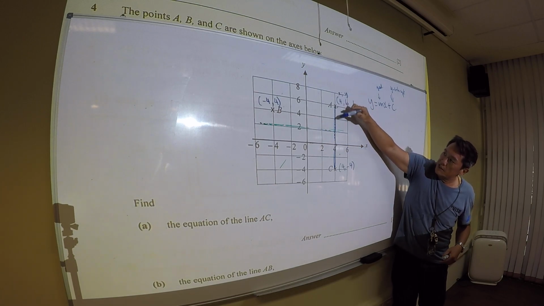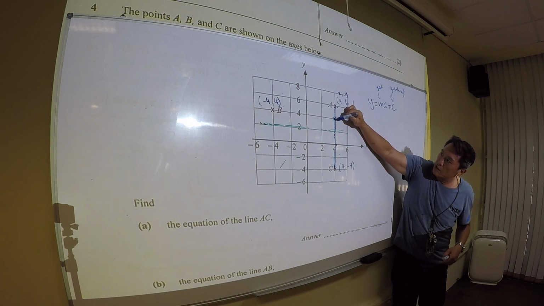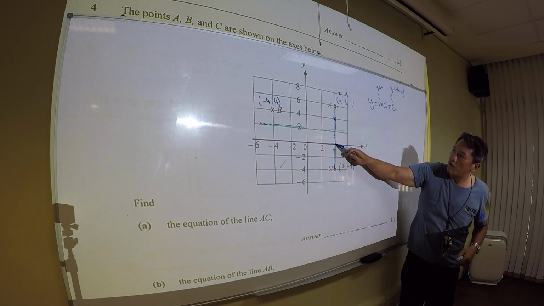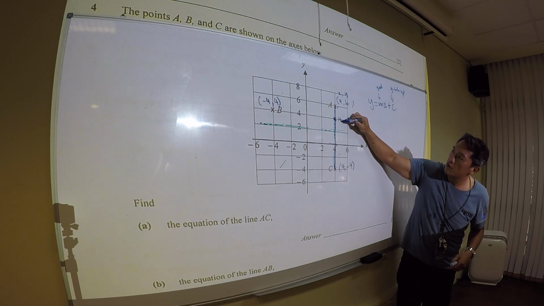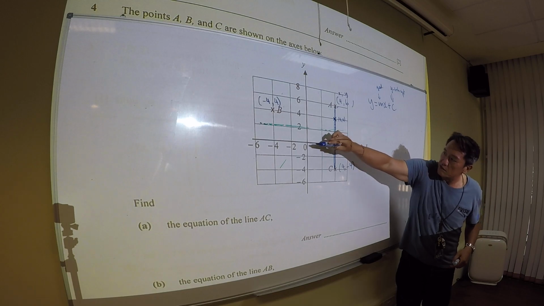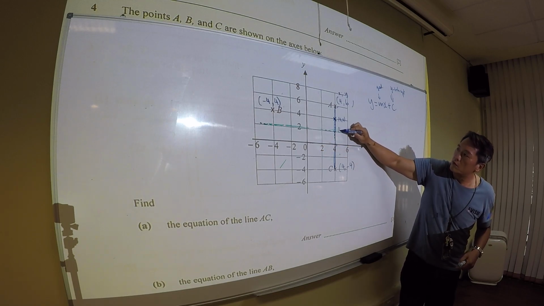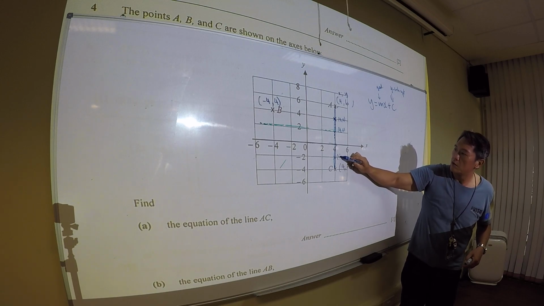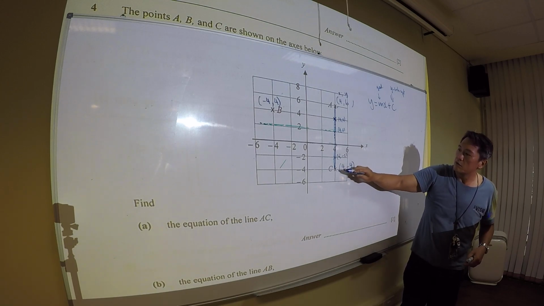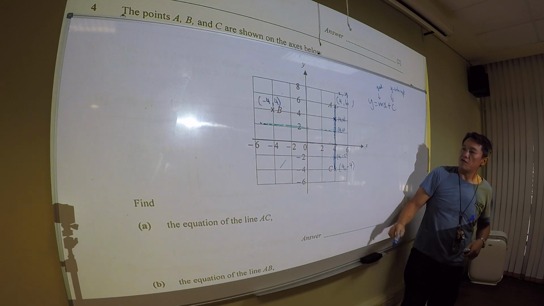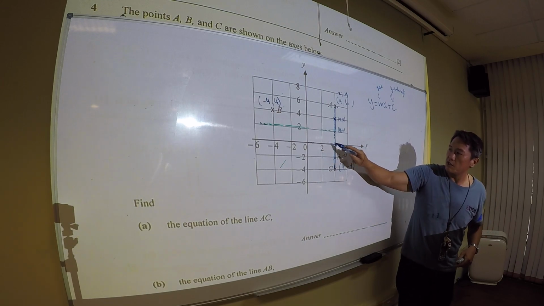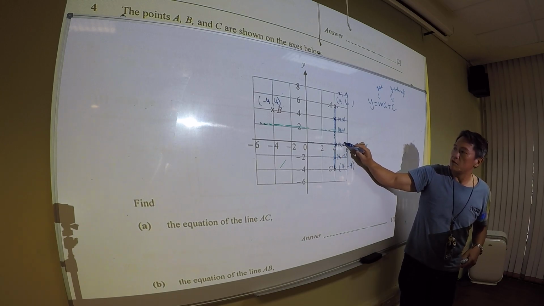You see at A here, the point is (4, 6). Let's say I'm at a point here. This point has the coordinate (4, 4). This point here is (4, 2). This point here is (4, -2). This point C is (4, -4). The point here is (4, 0).